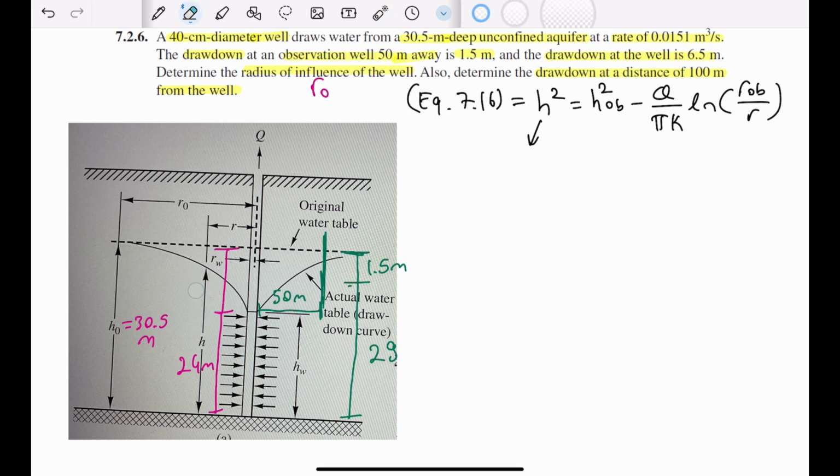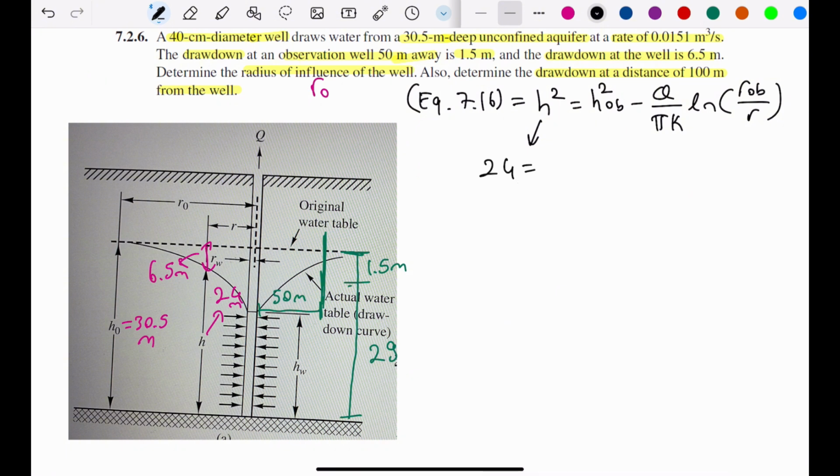Actually, let me correct this drawing. So here's the drawdown is 6.5 meters, and we have 24 meters. So 24 is equal to H. HOB is the head at the observation well. So since we had drawdown, the value was 29.